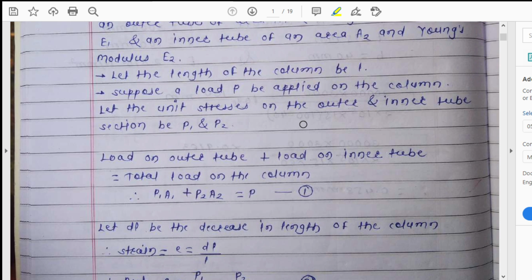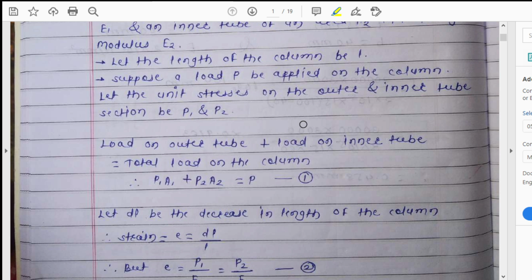Now as inner and outer tubes are both sharing that load P, both tubes will have stresses and strains. So we can consider the stress at outer and inner as P1 and P2 respectively.